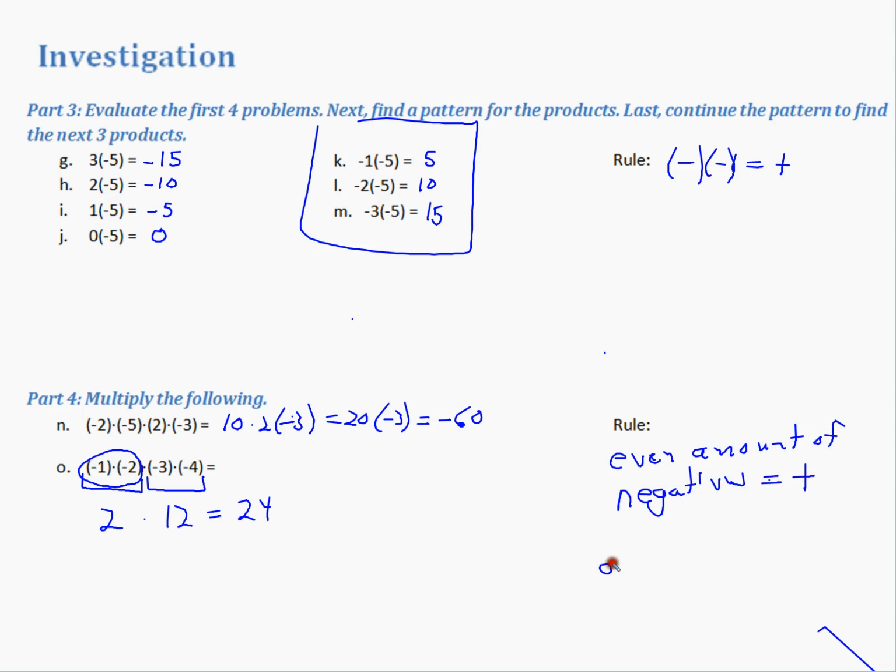If you have an odd amount of negatives, like we did in example N, we will have a negative answer. And so that's a nice, helpful rule to use.